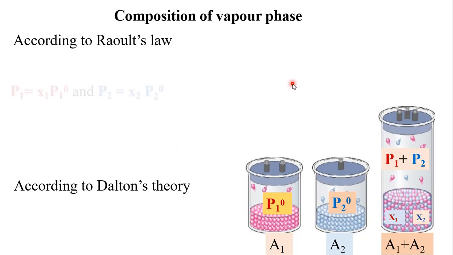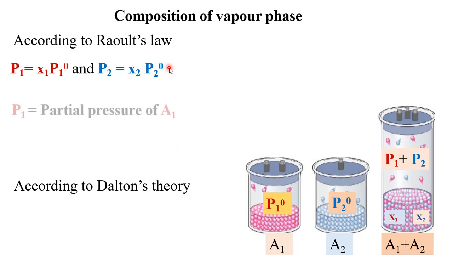So according to Raoult's law, P1 is equal to x1 into P1 0 and P2 is equal to x2 into P2 0. So the partial vapor pressure of component A1 is equal to x1, that is the mole fraction of it, into the vapor pressure of the pure liquid A1, and the partial pressure of component A2 is equal to x2 into P2 0.